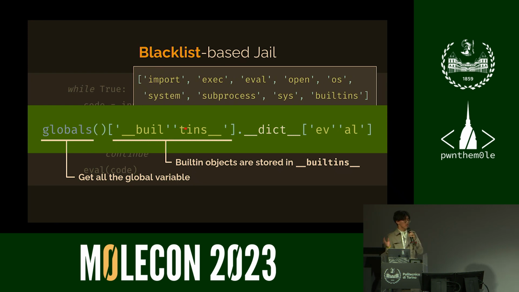It stores all the built-in objects and functions, for example int or float or pow, all the built-in stuff is there. By this, we can get the builtins module and use this kind of syntax to bypass the keyword check and get an eval function. That's a pretty simple case of bypassing a PyJail, and it's a classic beginner-level CTF challenge, I would say.